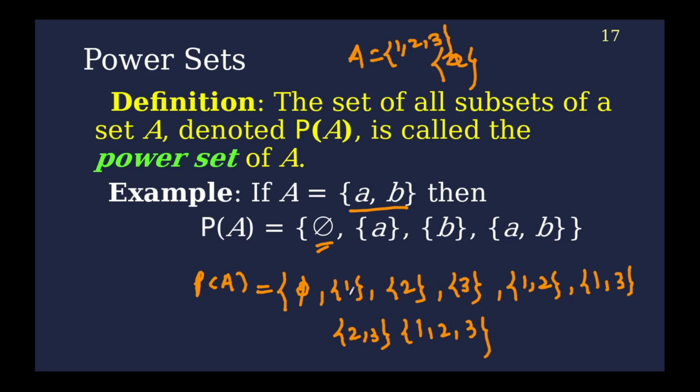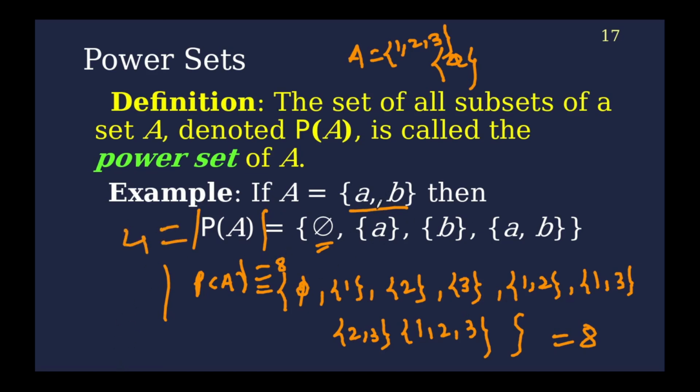So how many elements are in this power set? 1, 2, 3, 4, 5, 6, 7 and 8, equal to 8. Its cardinality is equal to 8. The cardinality of the earlier set is equal to 4.